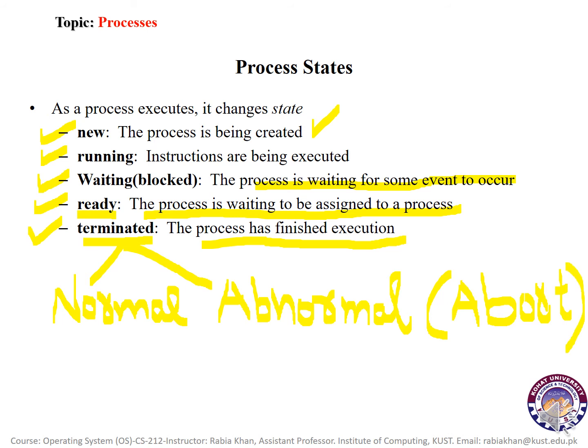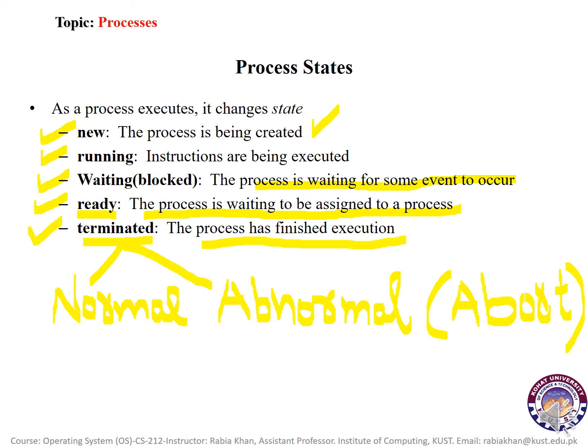So these five are the common states that your process observes during its lifetime. A new process is created, and when it starts executing on the CPU, the state is changed to running. When it requires some event, some response from the user or from the system, it has to wait for that response, which is known as the blocked state.